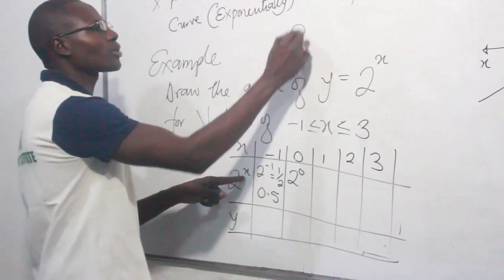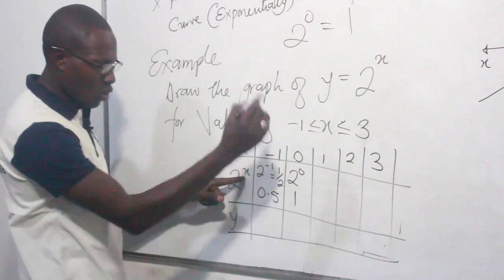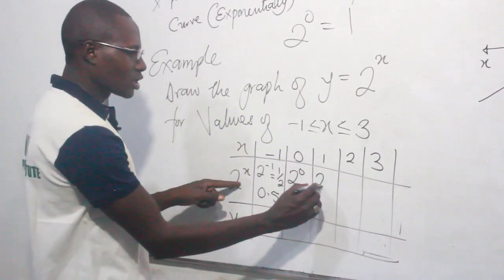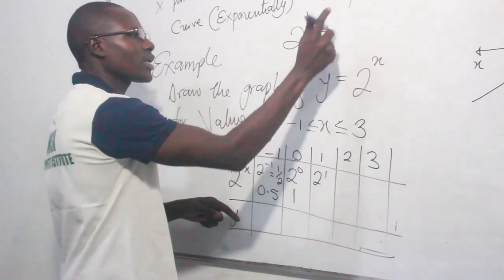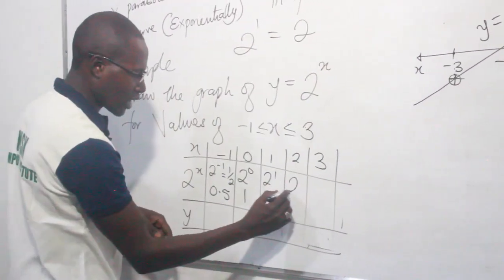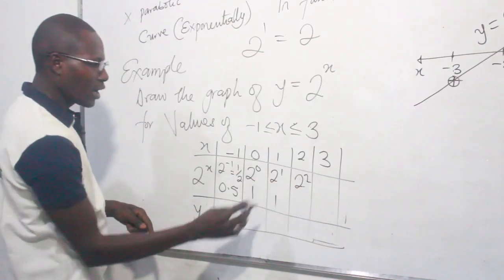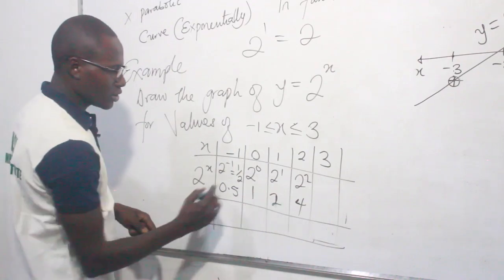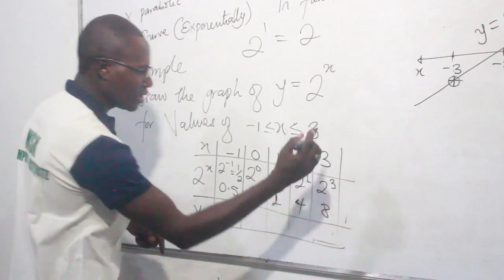Any number to the power of 0 is equal to 1. So this place is 1, of course. And when x is 1, we have 2 to the power of 1, which is equal to 2. When x is 2, we have 2 to the power of 2, which is 4. And 2 to the power of 3 will be 8.